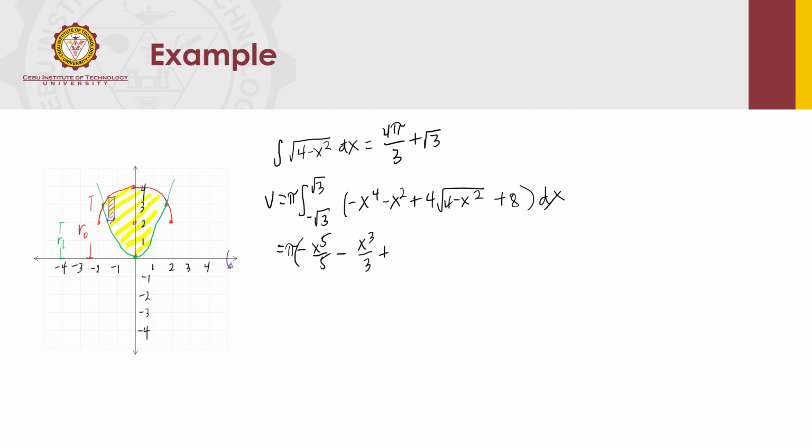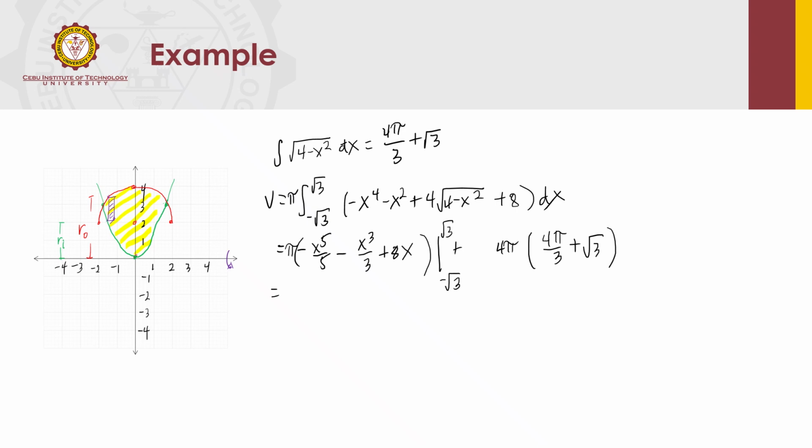So plus 8x, and then the result we multiply by 4 pi over 3 plus square root of 3. And then we're going to evaluate this from negative square root of 3 to square root of 3.